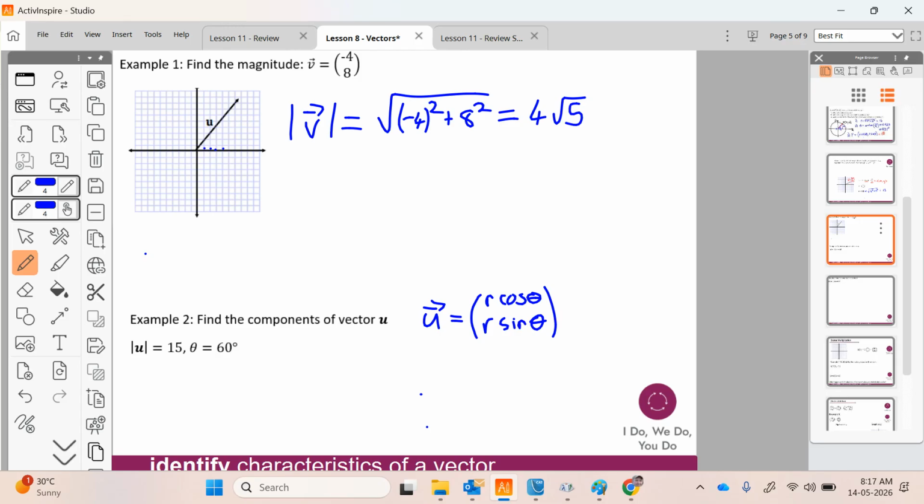So in this particular case, we've got r cosine theta, or the argument, and then the magnitude of the vector times the sine theta.